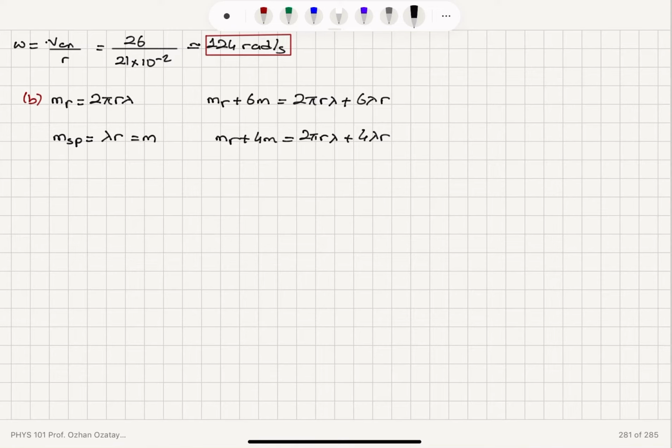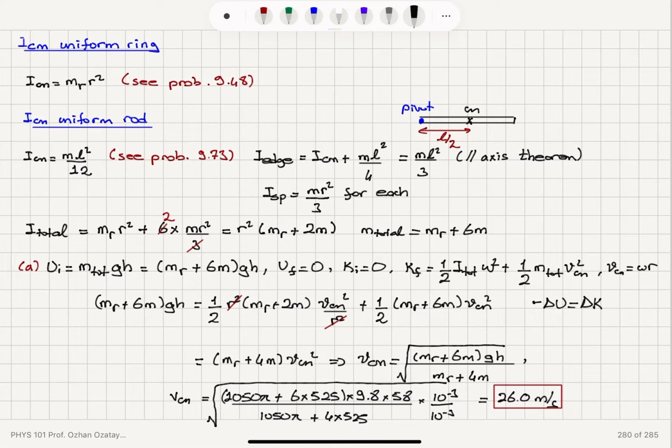Now I look at my answer board for the center of mass final speed. It is the square root of the mass of the rim plus 6m, times gh, divided by the mass of the rim plus 4m.